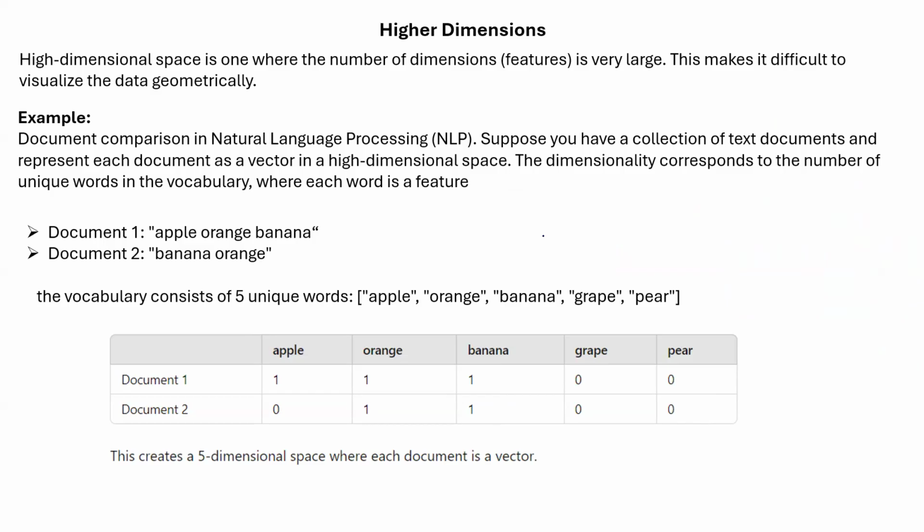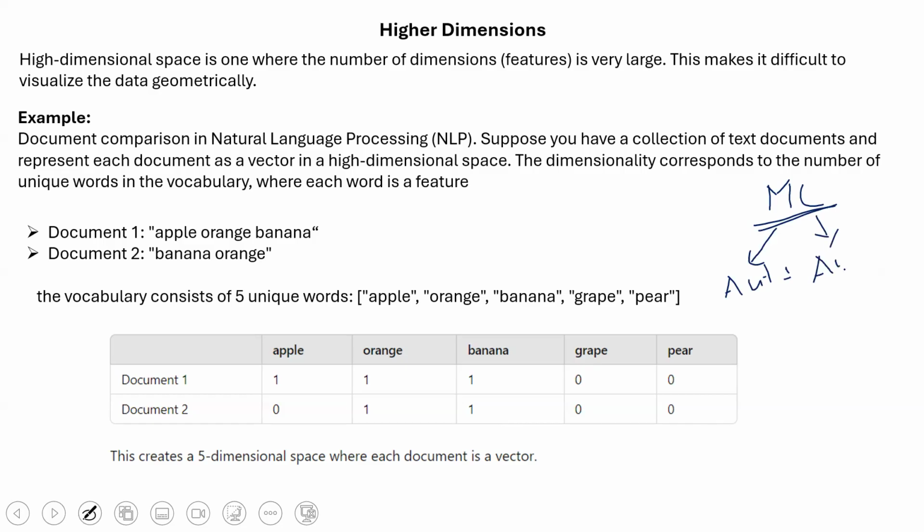Now you want to compare whether these two documents are conveying the same information or not. Let's suppose you take machine learning books. These books will be written by different authors. It can be author one, and it can be author two, or whoever it is.